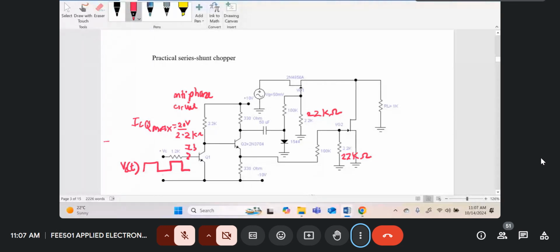So IB should equal VC of T minus 0.7 over 1.2K.